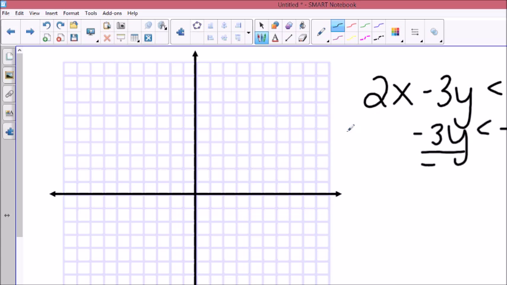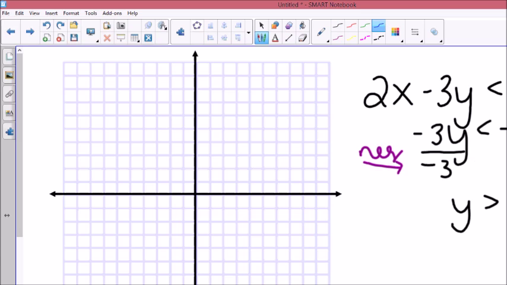Now notice when we do that, first we subtract the 2x, and then we're going to divide both sides by -3. Don't forget that when we divide or multiply both sides of an inequality by a negative number, then that means we get to switch the direction of the inequality symbol in that step. Negative over negative gives us positive 2/3 x, and 6 over -3 is -2.